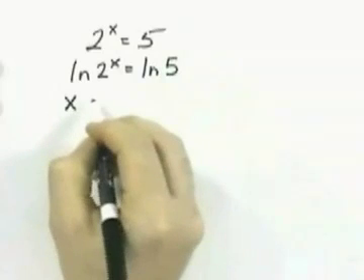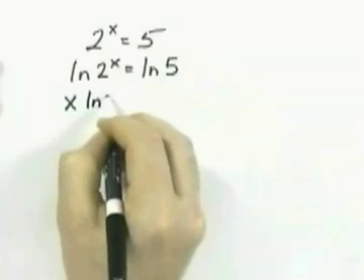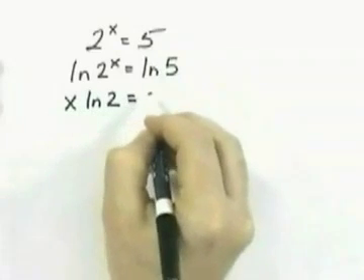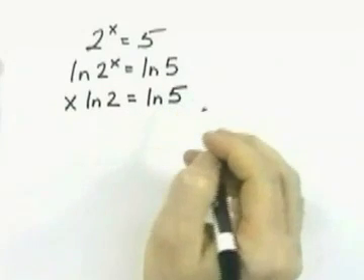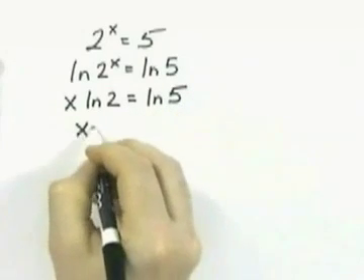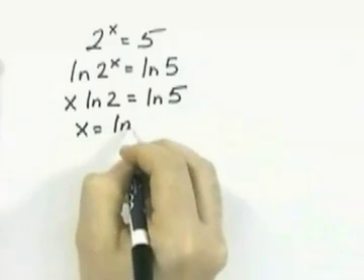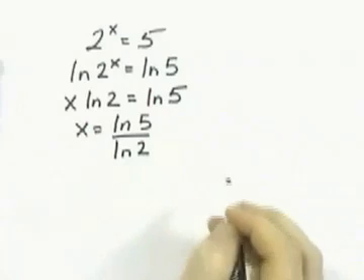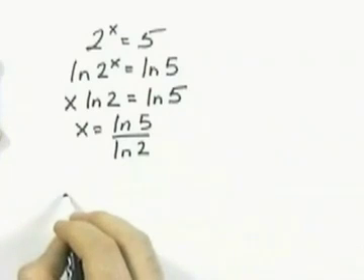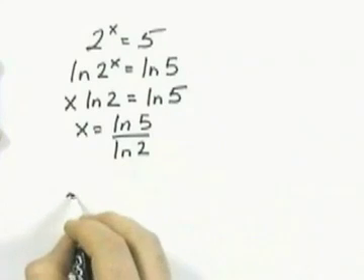Again, the x comes out in front as a coefficient. I get x times the natural log of 2 equals the natural log of 5. I divide both sides by the natural log of 2, and I get the natural log of 5 divided by the natural log of 2. And that answer is also correct.